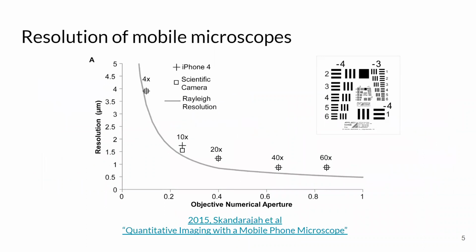In 2015, there was an interesting experiment that demonstrates that the quality of the smartphone camera, in the research an iPhone 4, is good enough. Its measurements, shown as crosses in the plot, are comparable with the scientific equipment, which is marked as squares in the plot.